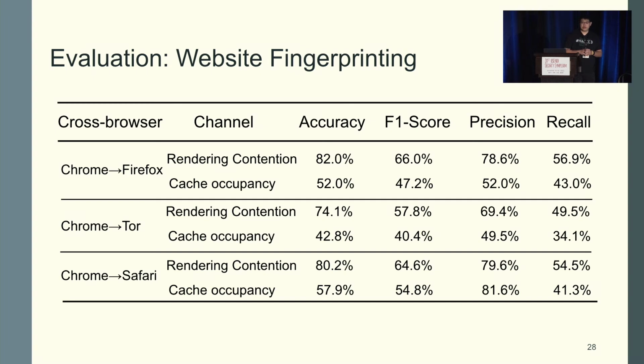In our evaluation part, we also test on different browsers. We test Chrome to Firefox, Chrome to Tor browser, and Chrome to Safari. And we compare to the previous side channels, and we can find we have a high F1 score.